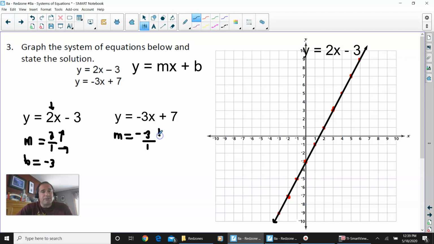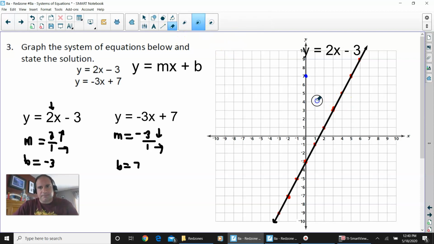That goes down 3, and positive 1 goes to the right. The b, which is the y-intercept, is 7. So, do this in a different color. I start at 7, and I'm going to go down 3, 1, 2, 3, and to the right 1.